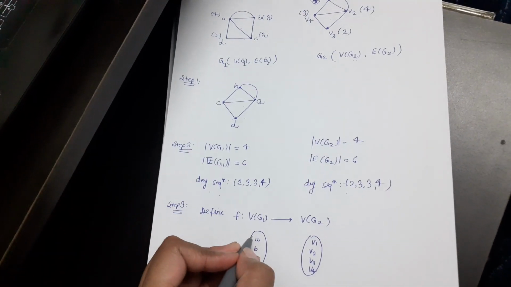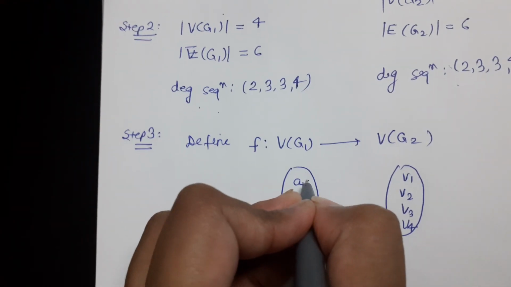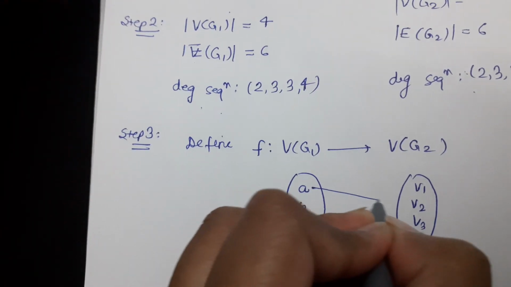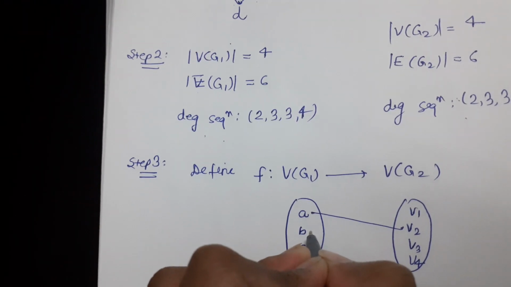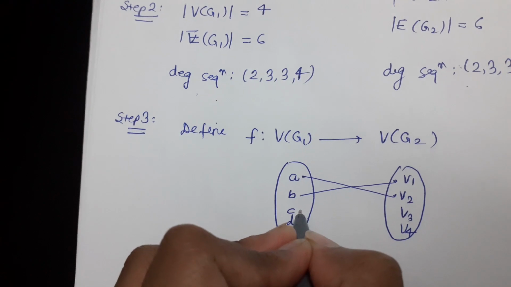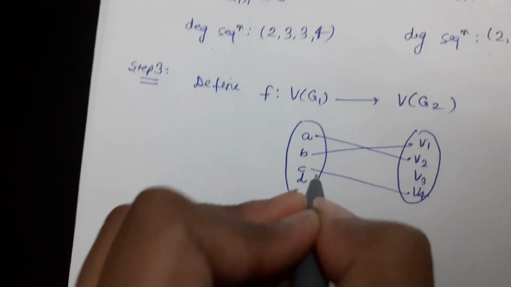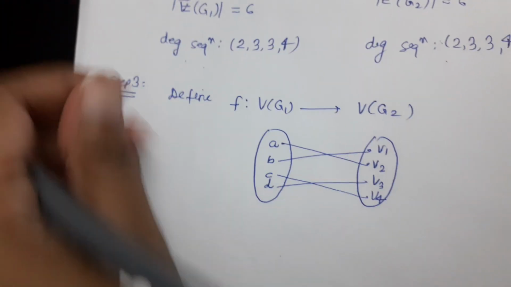Here, A will be matched to v2, B will be matched to v1, C will be matched to v4 and D will be matched to v3.